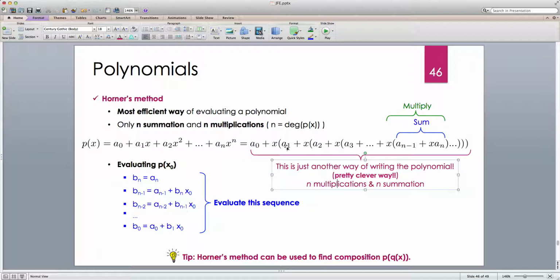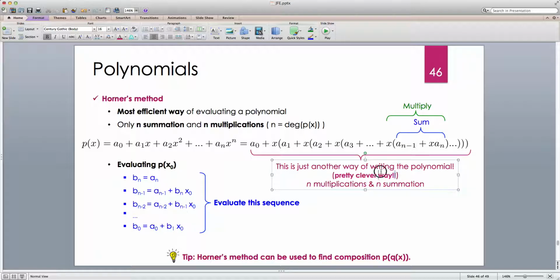So we have a0, a1x, and a2x squared, right? And then for a3 we have x cubed, and all the way to x to the n minus 1, and then we have n x's multiplied by each other and multiplied by an.